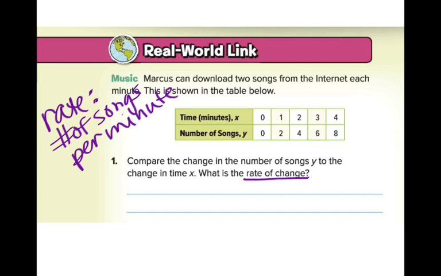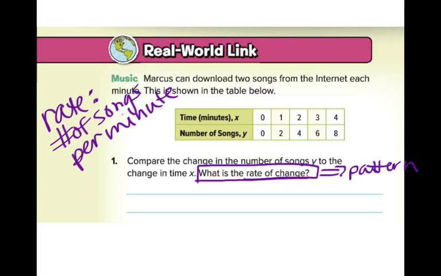Now they're asking us, what is the rate of change? And what that means is if our rate is number of songs per minute, if we can look at the change, then we can get to our rate. So once we know our rate of change, then it's kind of like the pattern. Our rate of change is trying to figure out our pattern.